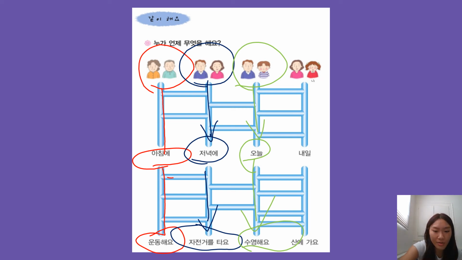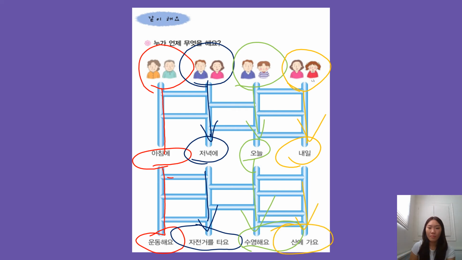And then last one, what color should I use? I'm going to use orange. Okay, so this is 엄마 and me. Okay, 엄마하고 나는 내일 산에 가요. Mom and I are going to the mountain tomorrow. Okay? You guys can mix it up.